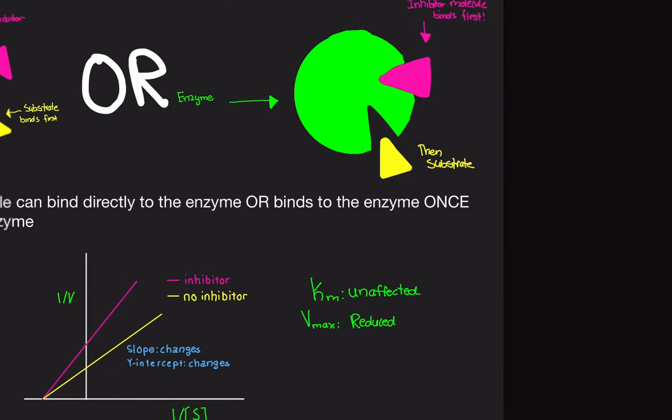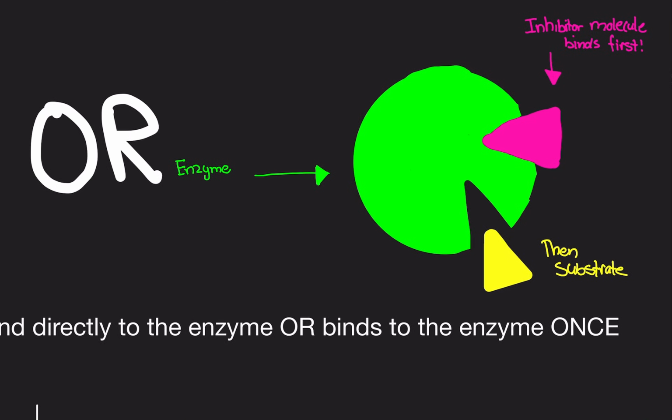The reason is because, let's talk about here now. Once the inhibitor molecule binds first, it causes a conformational change. The conformational change doesn't actually make it stable. It makes it just basically the same. But what it does is it slows down the efficiency.